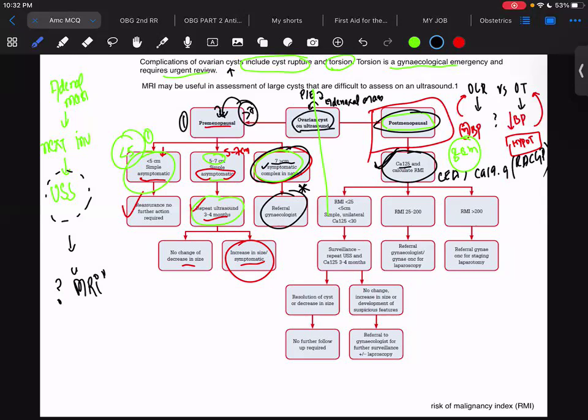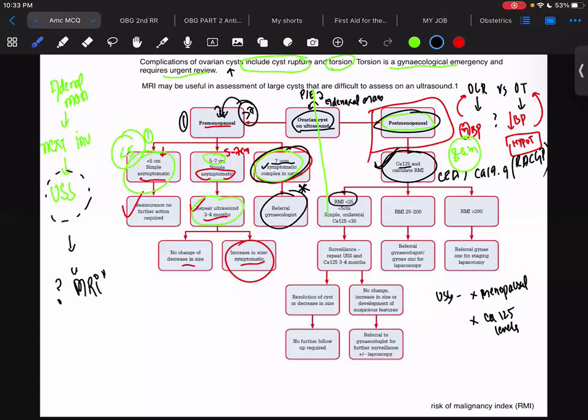And then we calculate. We know the formula to check the RMI, the risk of malignancy index, where we take the ultrasonography characteristics, then check the menopausal status, and multiply it with the CA125 level.